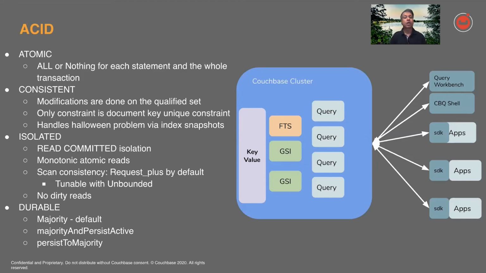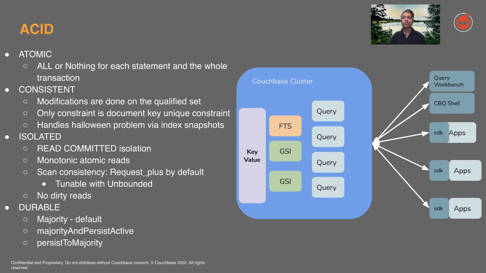We avoid the Halloween problem because once the index scan has started, we do the scan on a snapshot. Any subsequent updates do not reflect in the current snapshot. That's why we avoid the Halloween problem altogether.